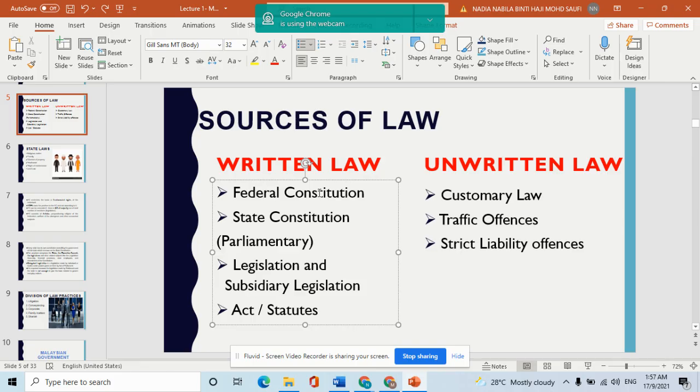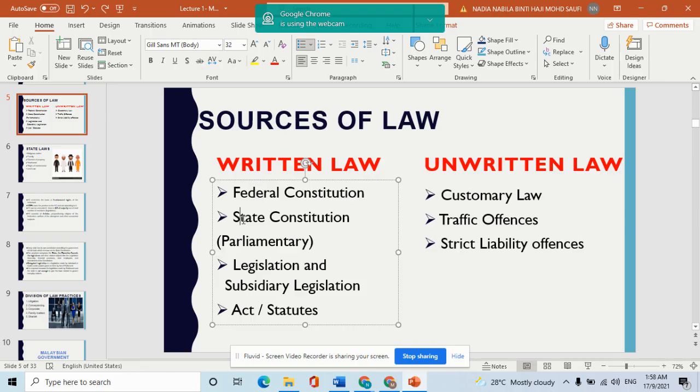If you're a citizen of Yemen, as an example, the rights you possess as a citizen in your country would be written under your country's federal constitution. Perlembagaan Persekutuan, guys. I'm sure most of you have heard of that.